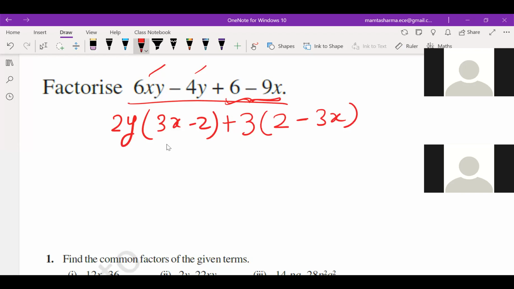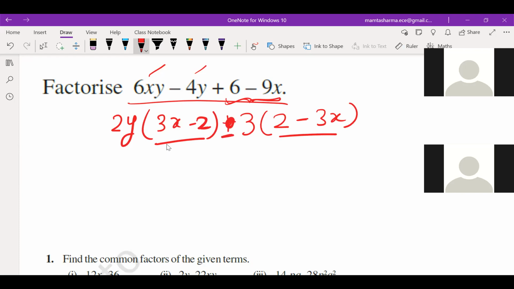So as 2 minus 3x, we can change the sign, ma'am. Yes, I need to change the sign, because the terms in the bracket are the same; only they have the difference of sign. This sign can be changed by taking negative common.